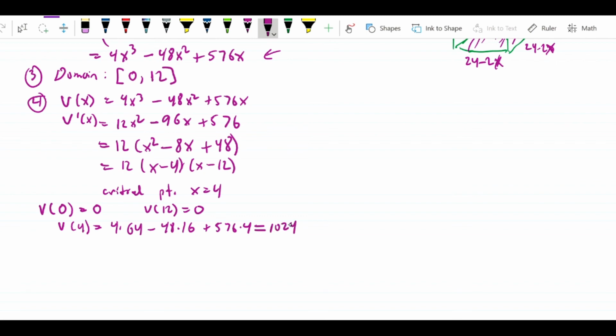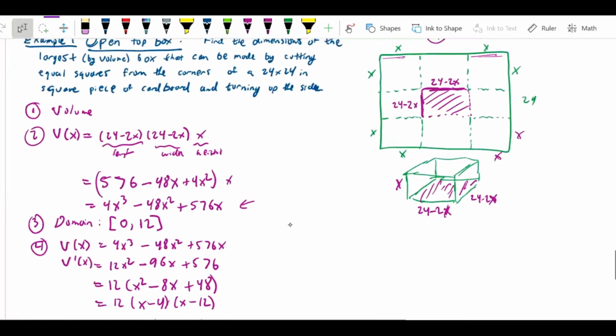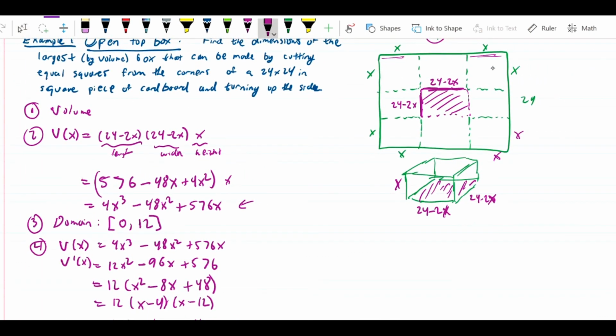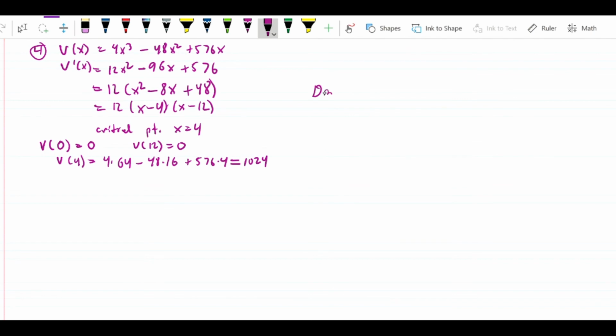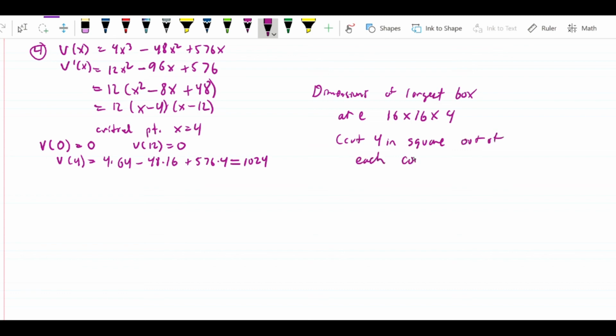So the largest box is going to be made by cutting 4-inch squares out of each corner. If I cut a 4-inch square, then 24 minus 2x is 16. So the dimensions of the largest box are 16 by 16 by 4. In other words, cut a 4-inch square out of each corner. That's the answer.